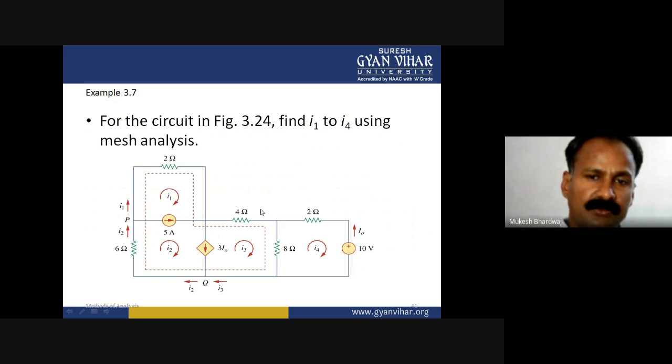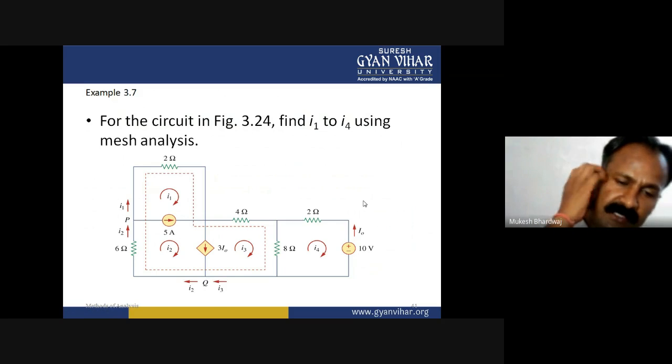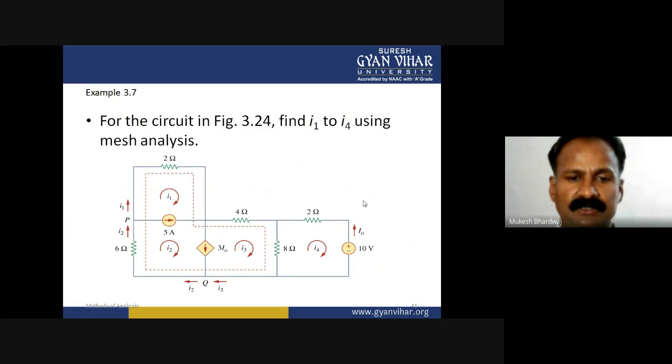For the circuit shown, find I1 to I4 using mesh analysis. An example is given, a circuit in which dependent and independent current sources or voltage sources are given. Now by using mesh analysis, we need to find the current from I1 to I4, that is the current in each mesh.